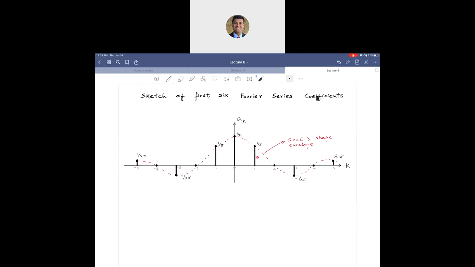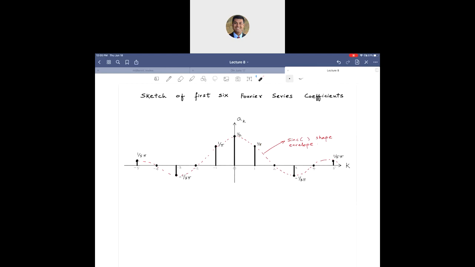At 1 and minus 1, I have 1 over pi from the table before. 2 and negative 2 evaluated to zeros. 4 and negative 4 evaluated to zeros, and so on. So the overall shape is a sinc envelope. So essentially, this is like we are sampling a sinc function.